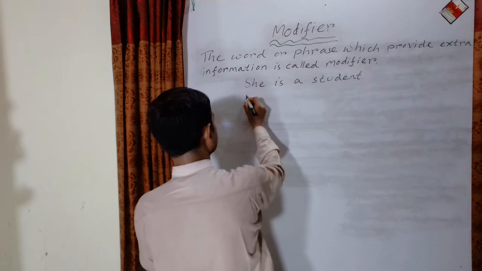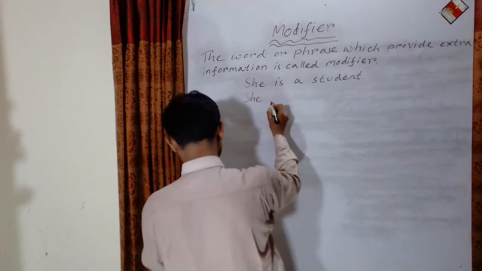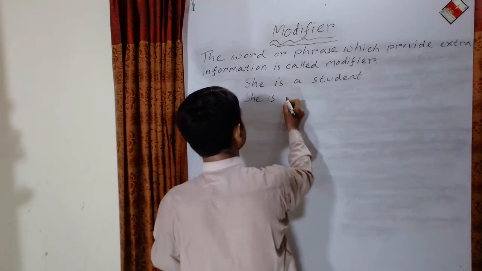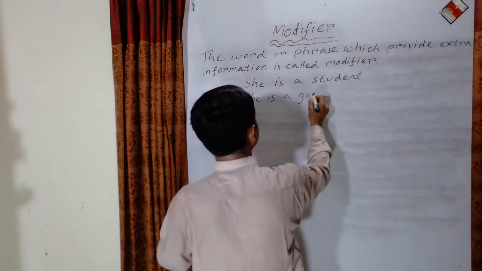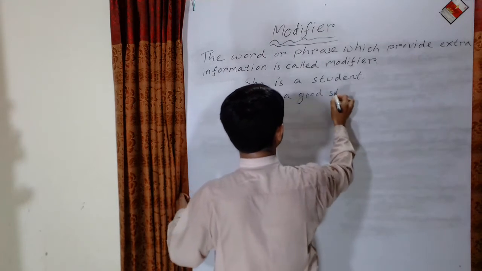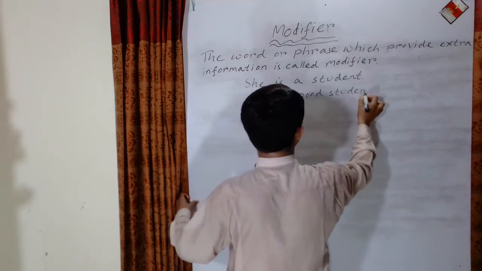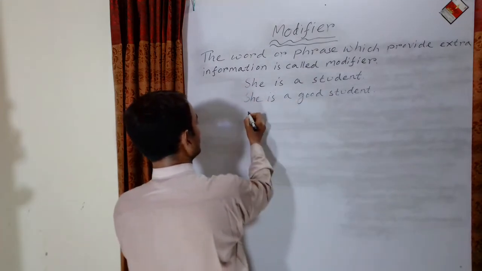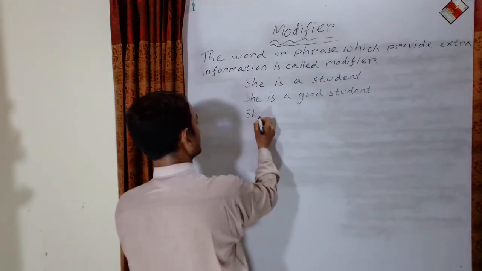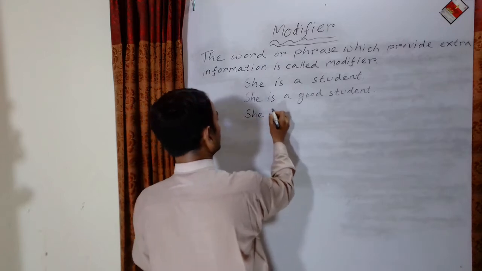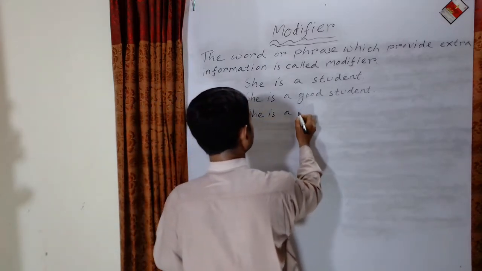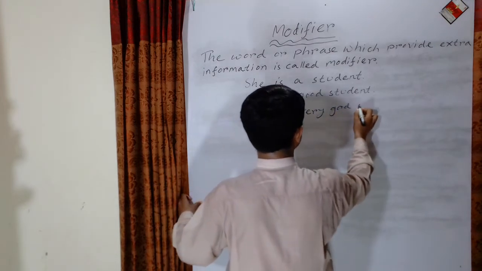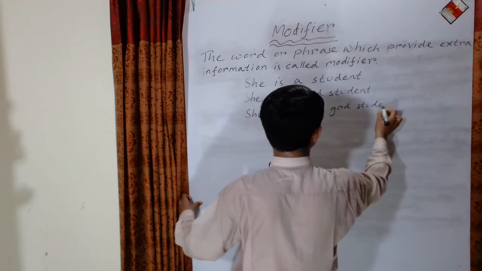If I write this sentence again, she is a good student. Adding something. If I write the sentence again, adding something, a very good student.